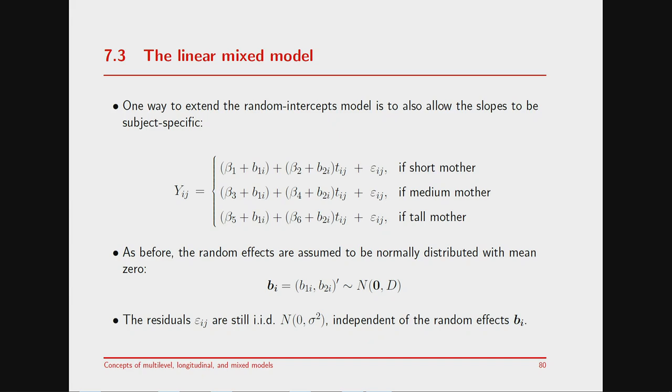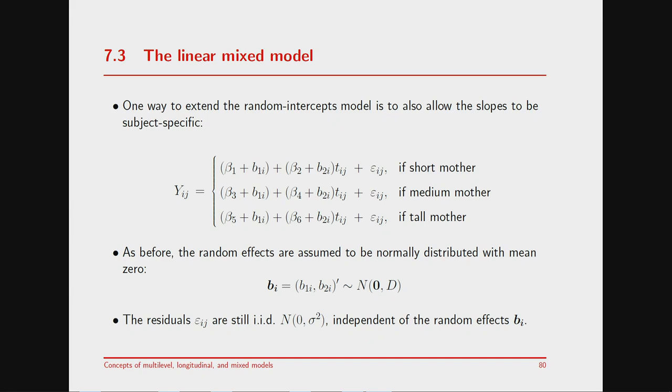So the BI is still there from before, but I now call it B1I, because I will now have two random effects per child, an intercept and a slope. Every child will have its own intercept, B1I, and its own slope, B2I.